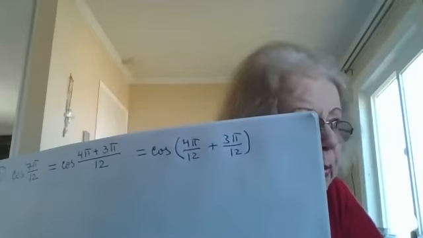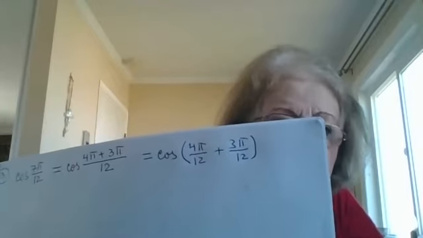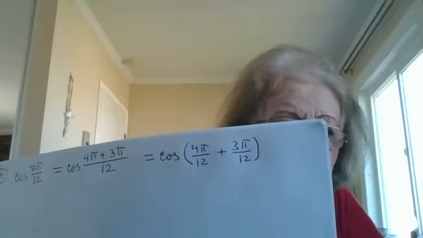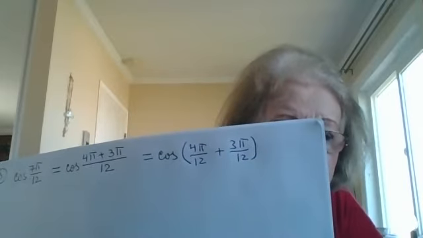Cosine of 4 pi over 12 plus 3 pi over 12. Can we reduce the fractions inside of the parentheses?